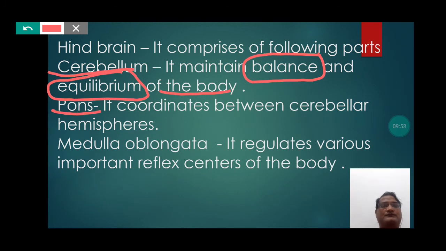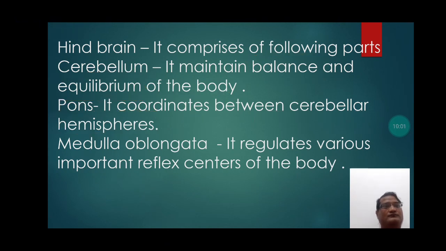Pons. It coordinates between cerebral hemispheres.